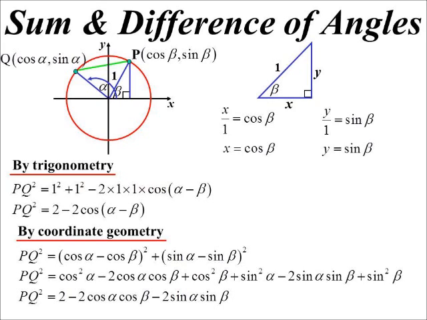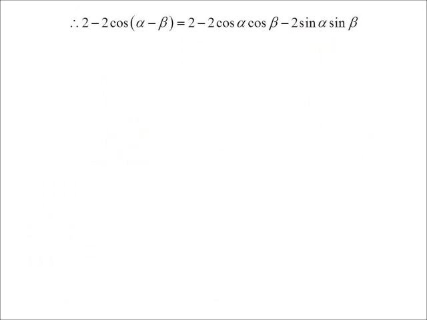So we end up with 2 minus 2 cos alpha cos beta minus 2 sine alpha sine beta. But they're both equal to PQ squared, so they must be the same thing. Therefore, I now know 2 minus 2 cos of alpha minus beta is the same as 2 minus 2 cos alpha cos beta minus 2 sine alpha sine beta.